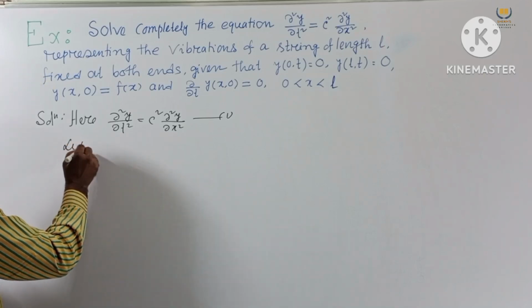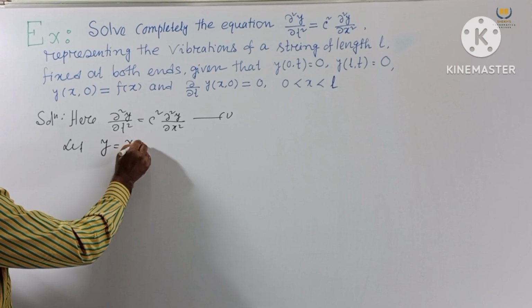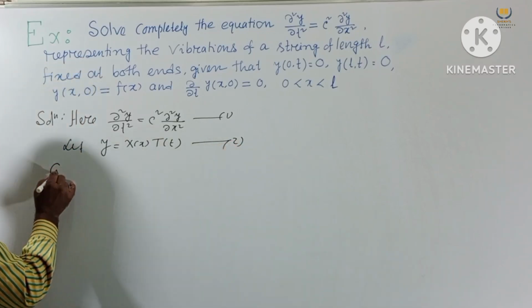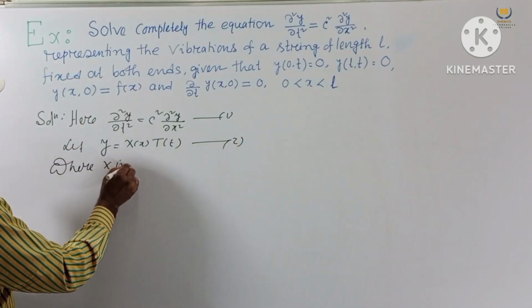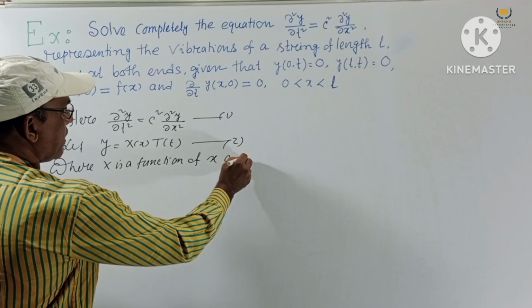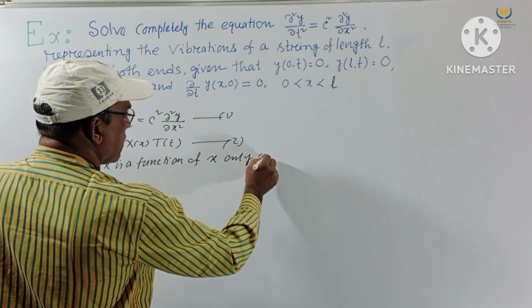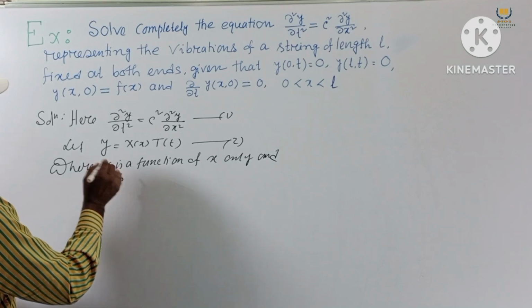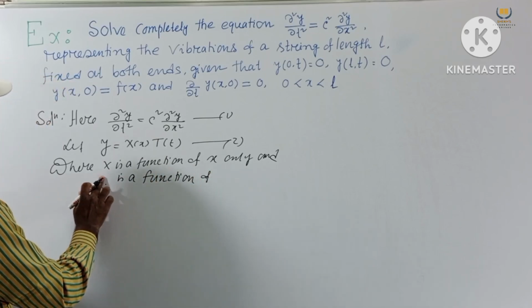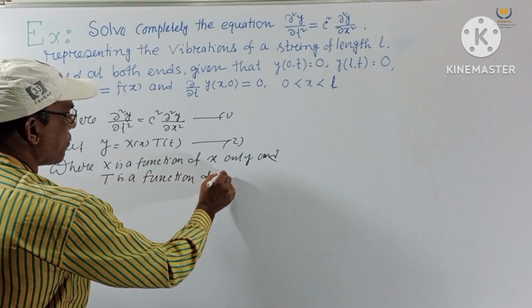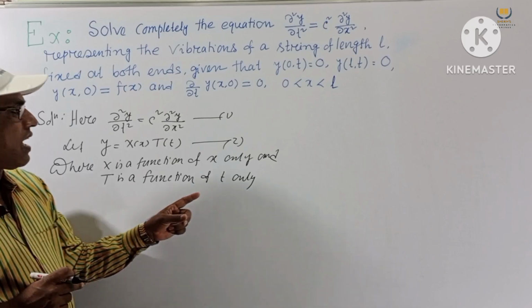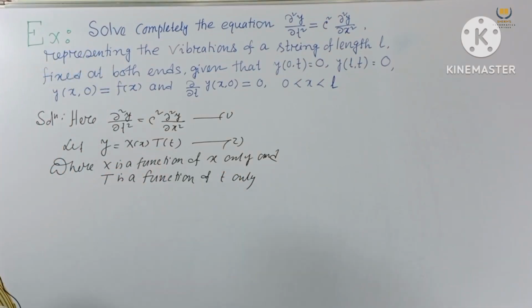So let y = X(x)T(t), this is number 2, where capital X is a function of x only, and capital T is a function of t only.